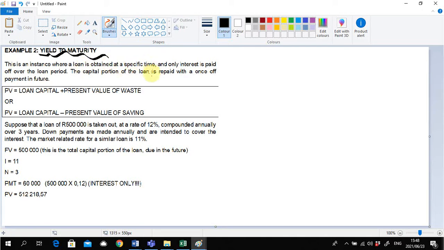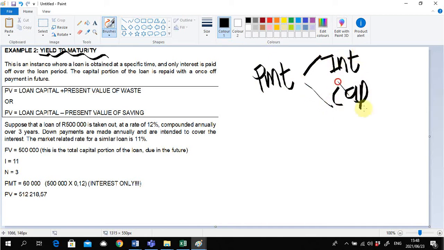The capital portion of the loan is repaid with a once-off payment in future. So if we look at our payment now, it only consists of one leg, and that is interest. It no longer consists of capital, right? Because the capital is paid with a once-off payment in future.